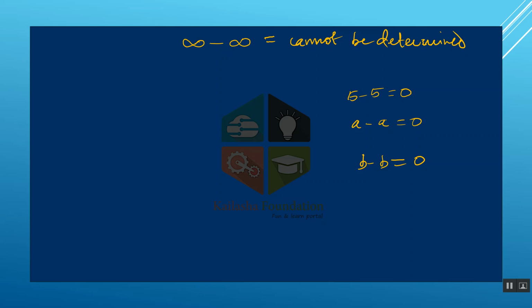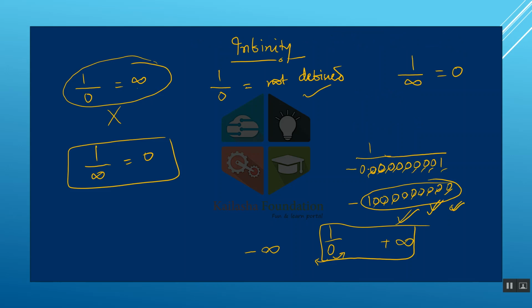Infinity minus infinity cannot be determined. So if infinity is not definite, how can you say it is defined? You just said that infinity is defined because it has a very clear definition, and something defined means that it has a definition. So infinity has a definition, it is defined.